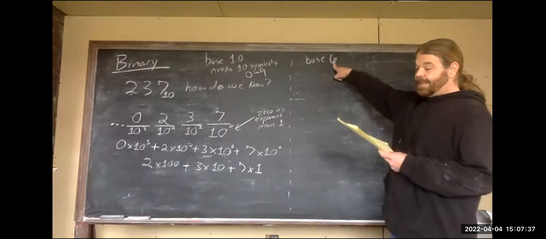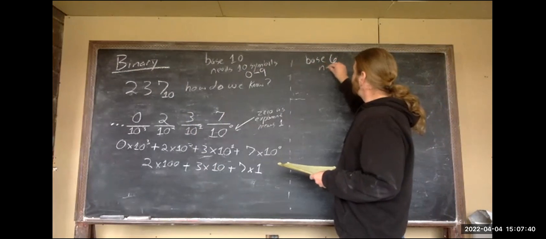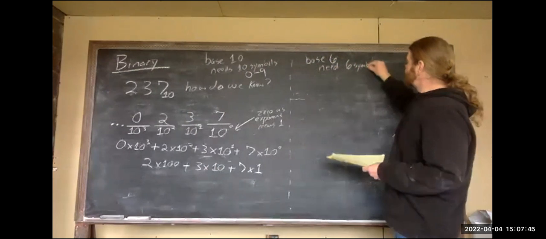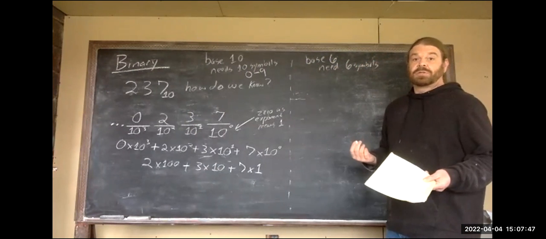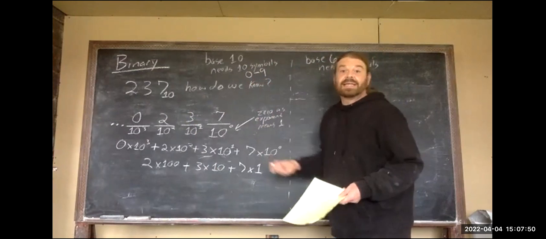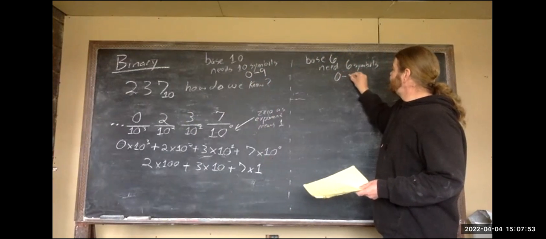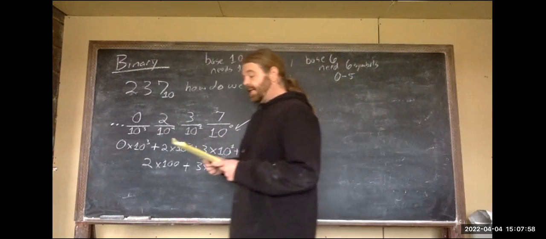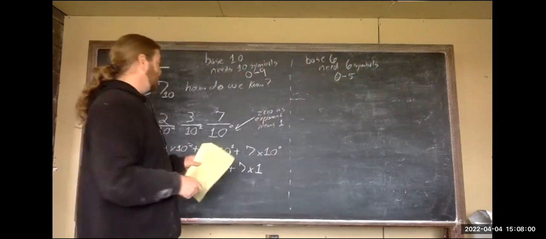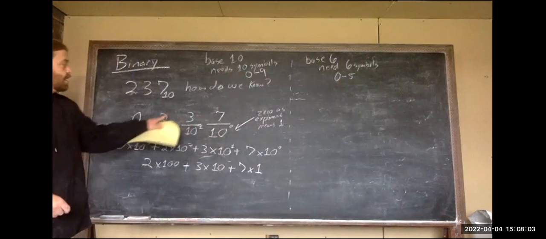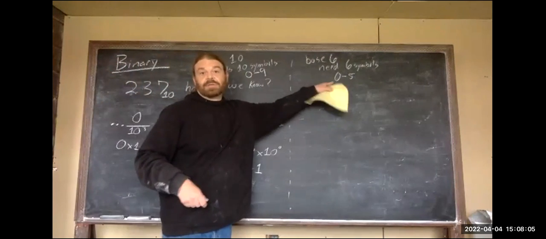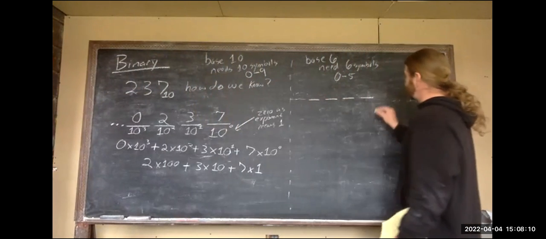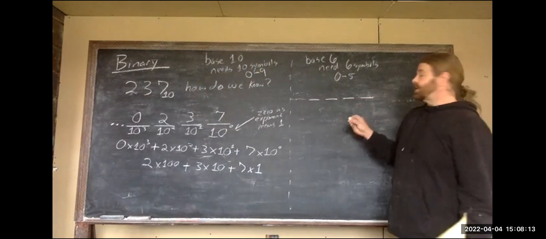So if we try a different base, base 6, we need 6 symbols. We're going to represent numbers, so we can just use our first 6 digits. 0 through 5 will work. And then we can represent any number put into columns using the smaller set of symbols the same way. So I'll just do 4 blocks here, only we have a different base.